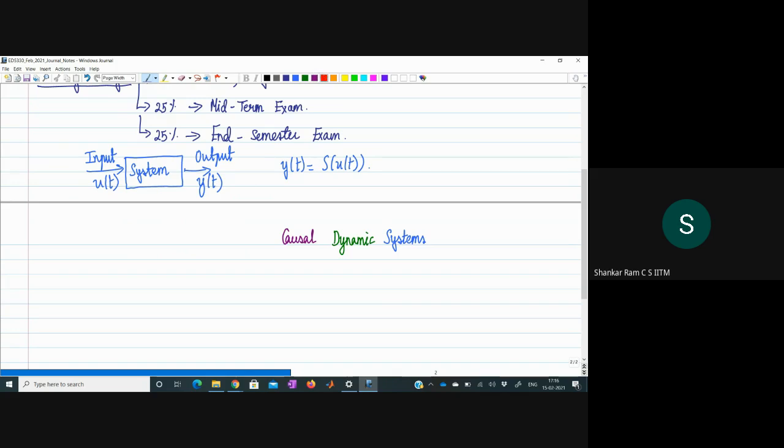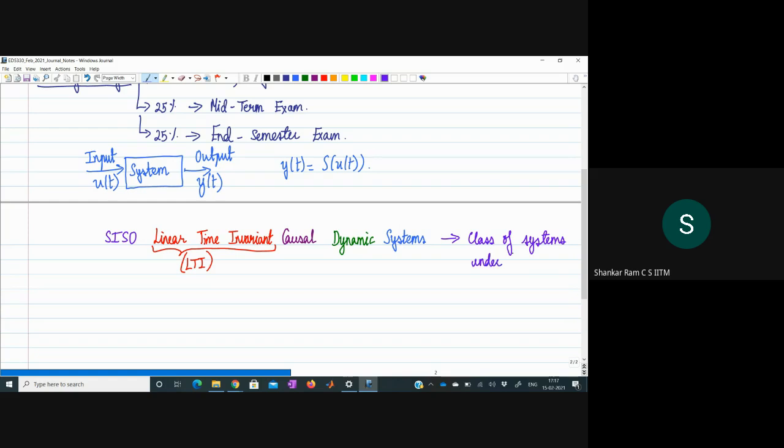Then we were looking at what are called linear time invariant systems. We looked at the definition of linearity and also time invariance, so linear time invariant was abbreviated as LTI. We were also looking at single input, single output systems, abbreviated as SISO. This was the class of systems under study previously, and in this particular course also we are going to consider this class of systems as far as analysis and control design is concerned.